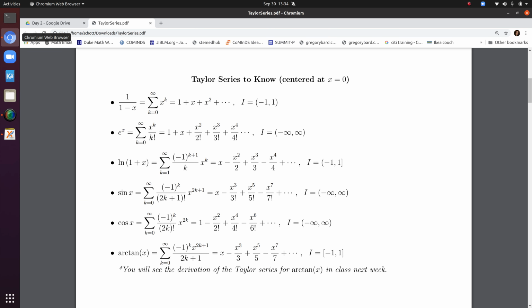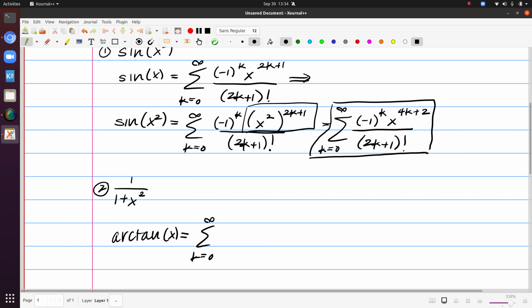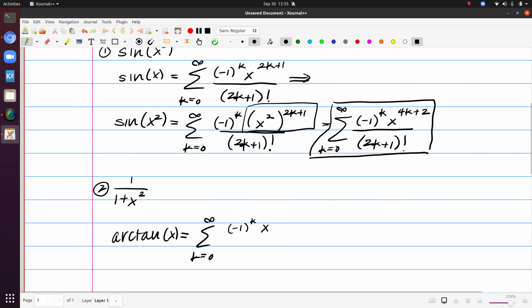That would be the sum from k equals 0 to infinity of negative 1 to the k, x to the 2k plus 1, divided by 2k plus 1.